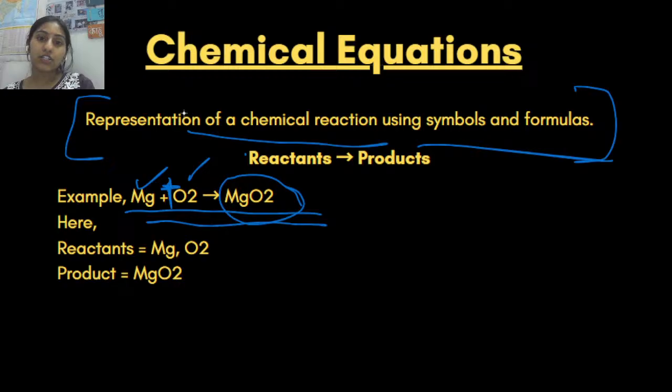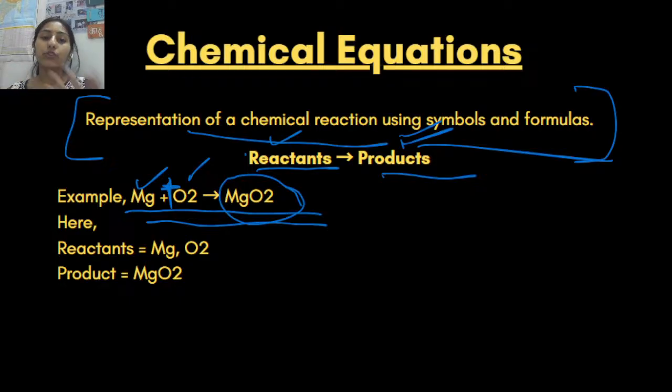So in a chemical reaction, there would be a reactant as well as a product. Reactants are those species which are initially taken, the initial substance that is undergoing change, whether it is one substance or two substances, whatever it is. It is undergoing change, and hence resulting in the final product, which would be regarded as the product. So it is the initial input, and this is the final output, right?